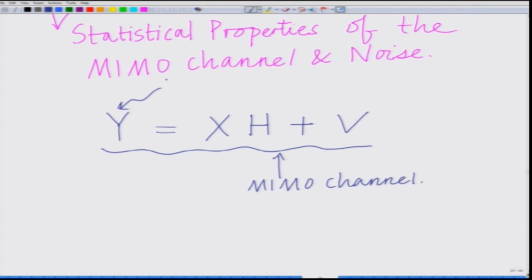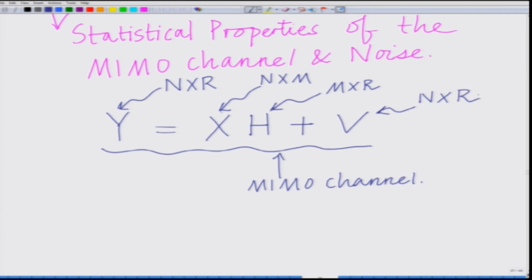Y is an n cross r observation matrix, x is the n cross m pilot matrix, h is the m cross r MIMO channel matrix, v is the n cross r noise matrix, correct.